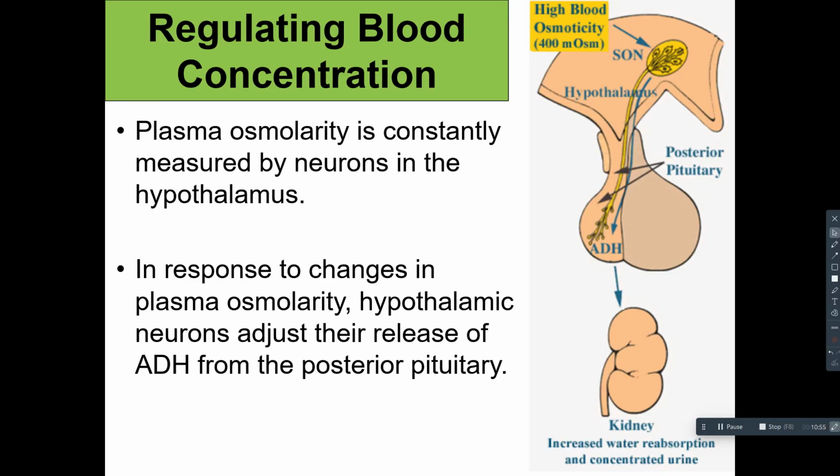And blood concentration, in other words, plasma osmolarity, is always being measured by certain neurons in the hypothalamus. And if the plasma osmolarity changes, these neurons are going to adjust the posterior pituitary's release of ADH. And ADH affects the kidney's ability to reabsorb water.